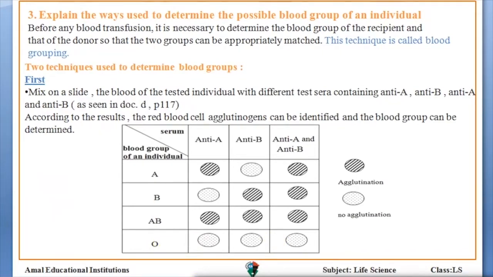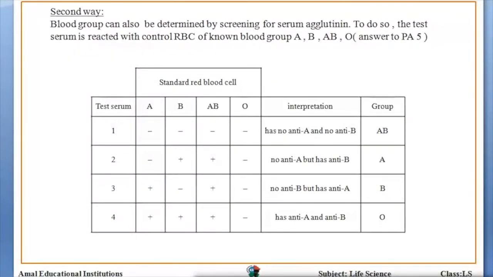Therefore, as you have observed, the red blood cell agglutinogens, that is the antigens, can be identified this way, and the blood group can therefore be determined. Another way used to know the blood group is to look for the serum agglutinin, that is, to look for the antibody in the blood.